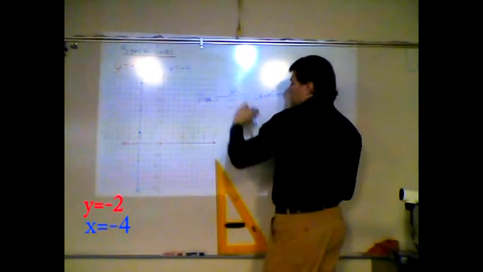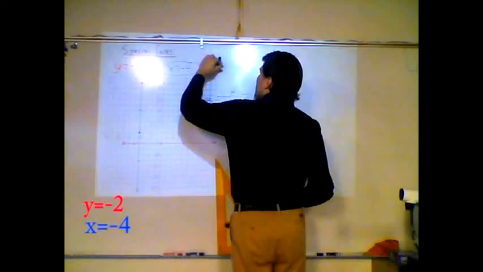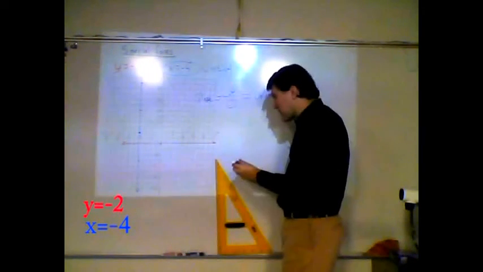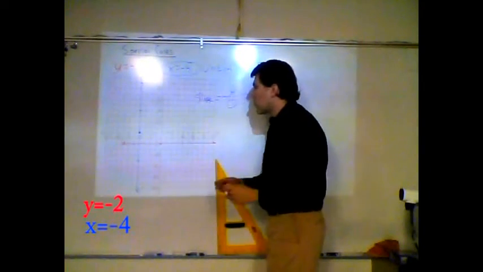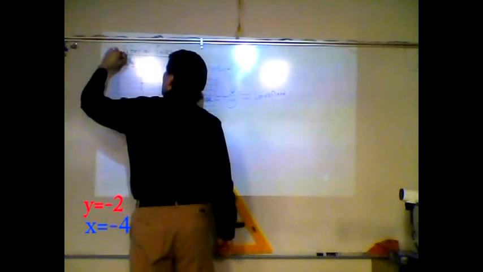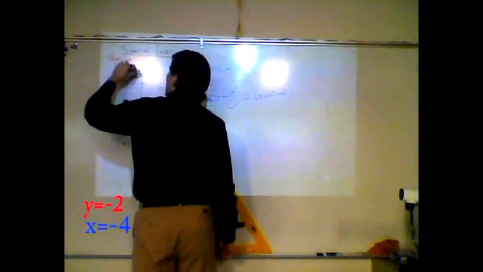So the slope for this equation is undefined. An x in the front gives us a vertical line, goes straight up and down and has an undefined slope. This one we have no change in y and only change in x. So this is horizontal and the slope equals 0.